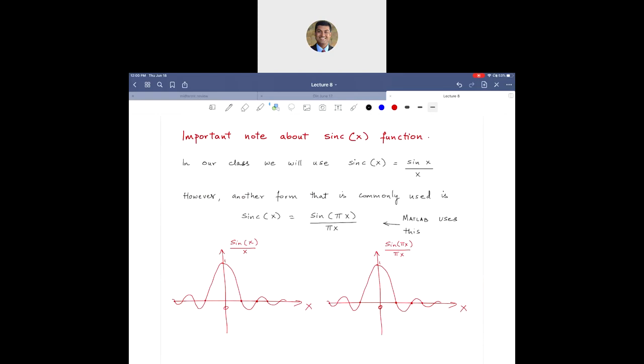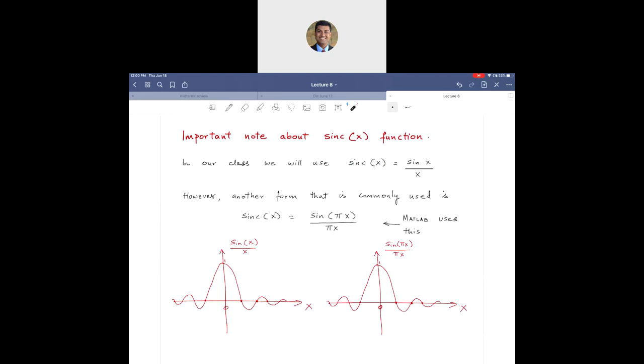All right. So an important note about the sinc function. It looks like this. So it is sinc, sine x over x in general. In our class, we will be using sinc of x as sine x over x.